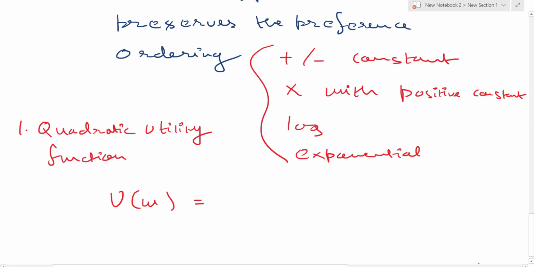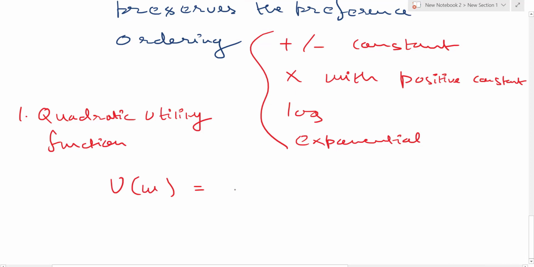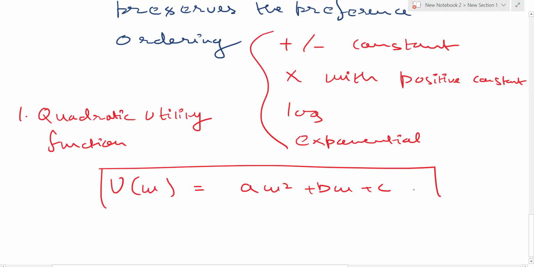A quadratic utility function is of the form u of w equals a w square plus b w plus c.